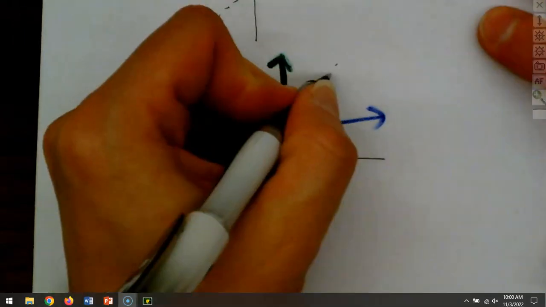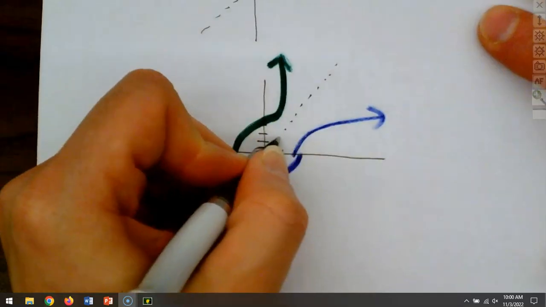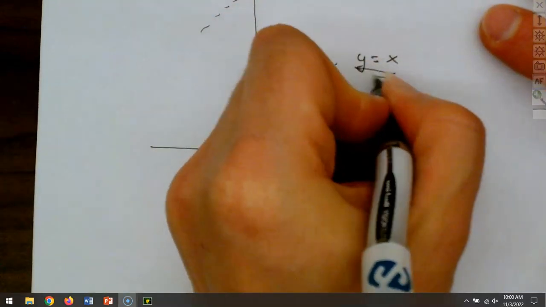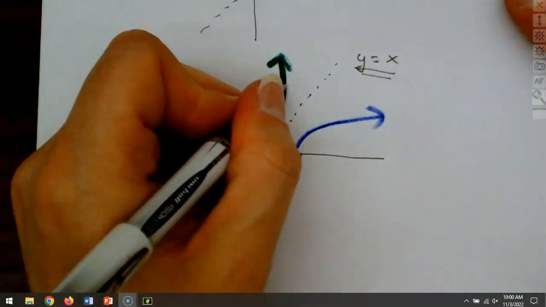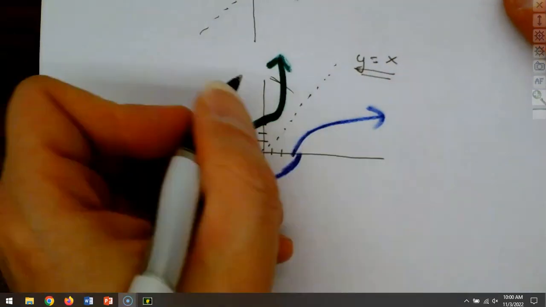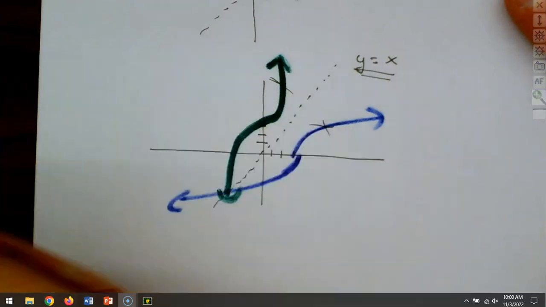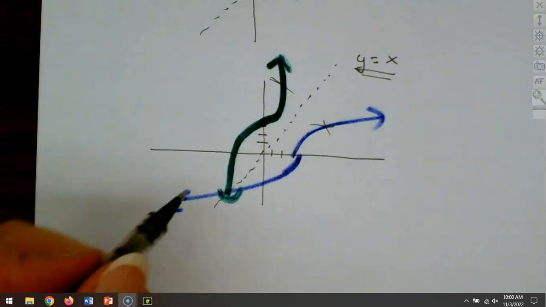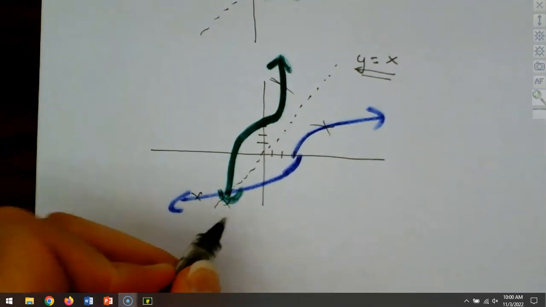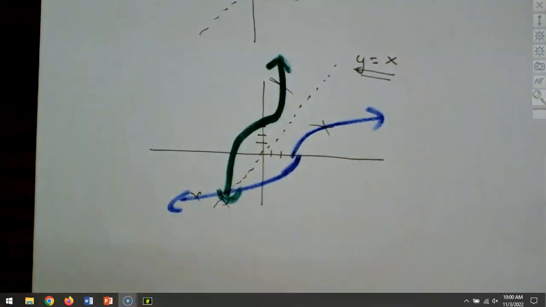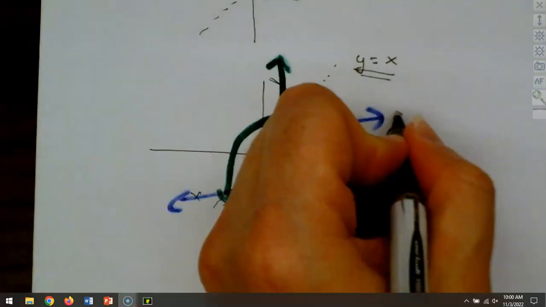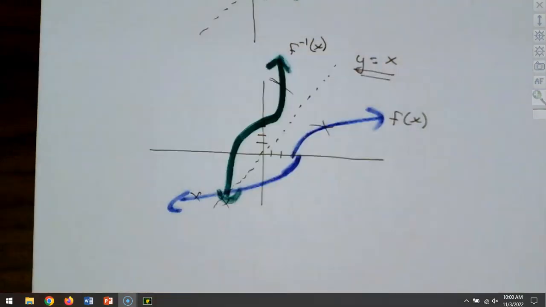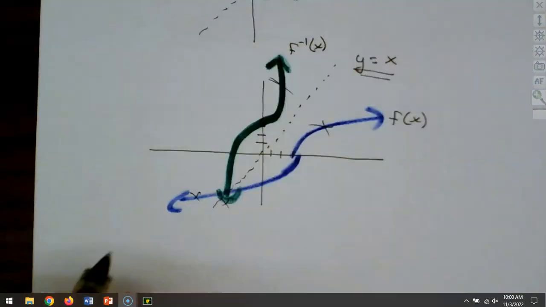Well, if I draw my line down the middle here, if I draw that dotted line y equals x, what happens? If I fold this piece over across that dotted line, what does it do? Matches up with that one, right? So they have to be able to be folded over. This piece here matches up with that piece there. For them to be inverses of each other, they have to be able to be folded over that line y equals x. So those are inverses.